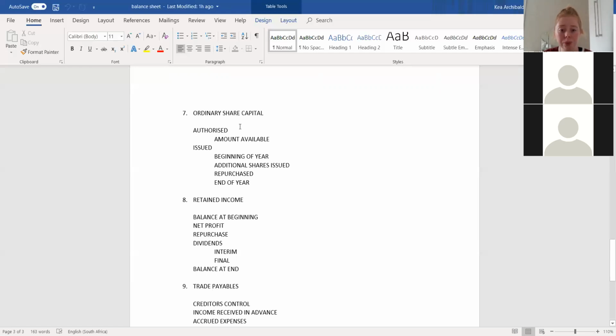Then with issued, the beginning of the year, this is the amount of shares I had in issue from last year. So basically on the first day, before we do anything, this is how many shares are in issue. That is generally at an average amount. So you'll have the beginning, so many shares at 5 Rand per share, for example, or 500 cents per share.